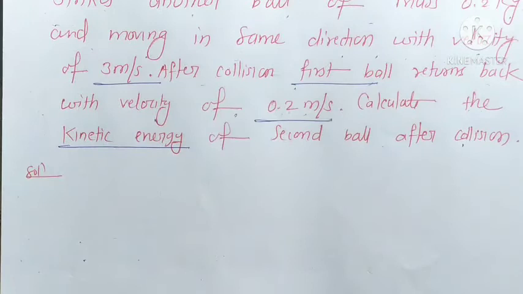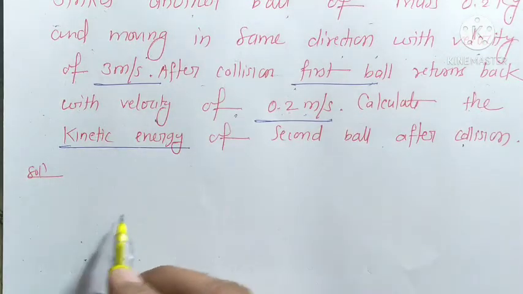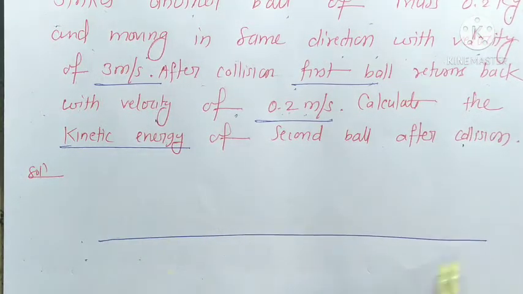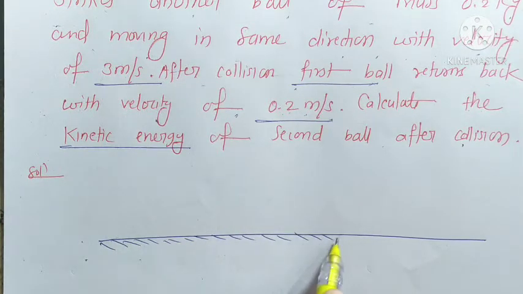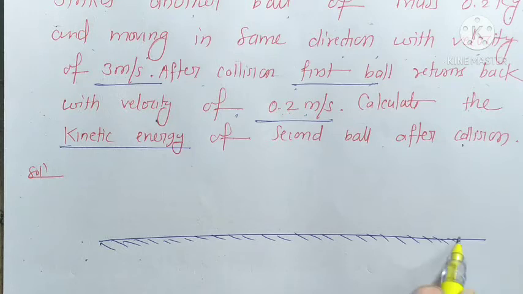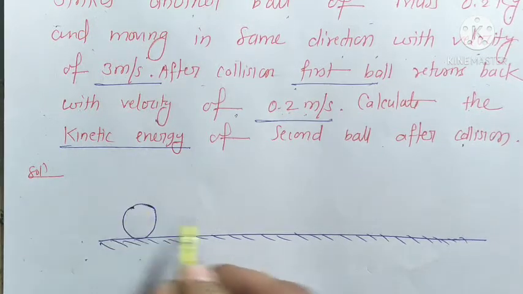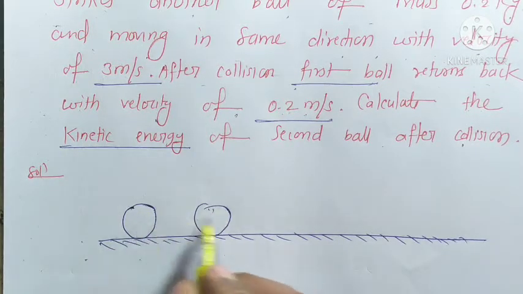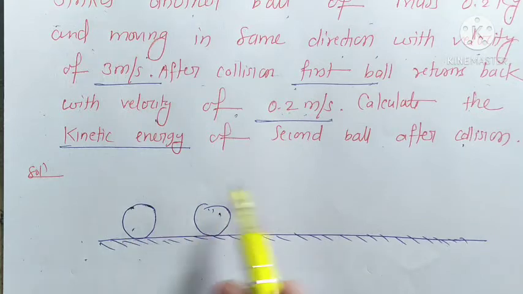So here, what is given? First we write here. We take a horizontal surface, and here we have two balls, and these two balls are moving in the same direction.